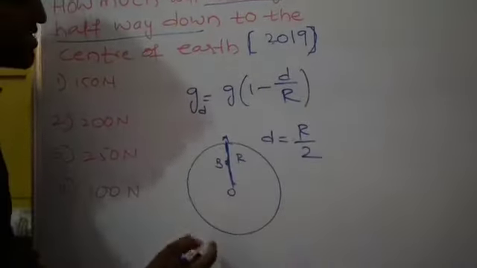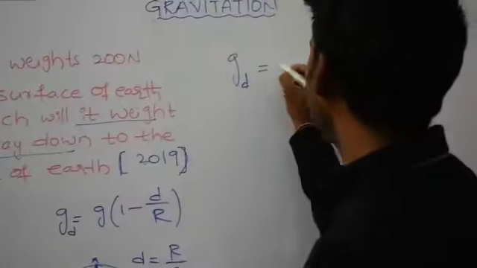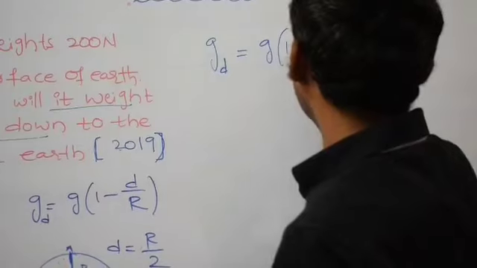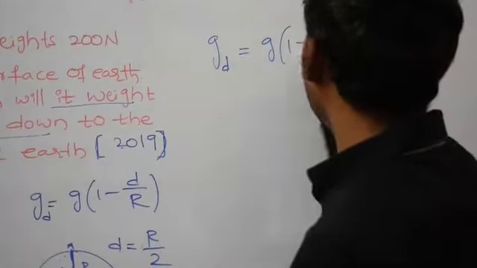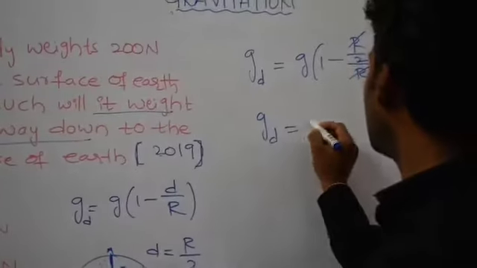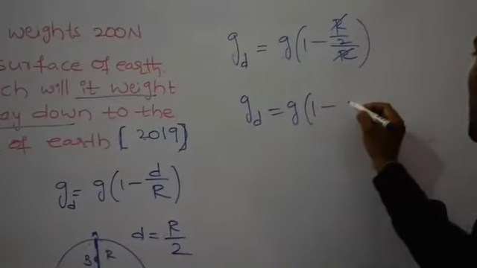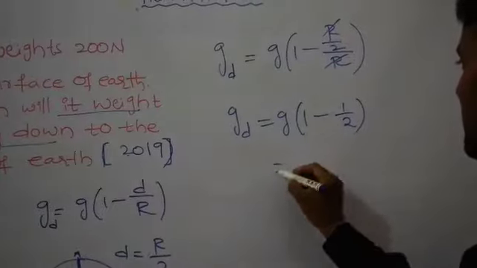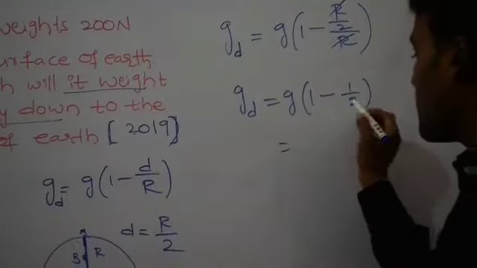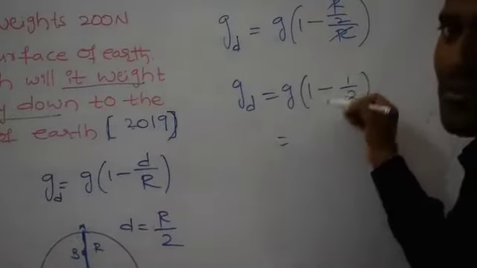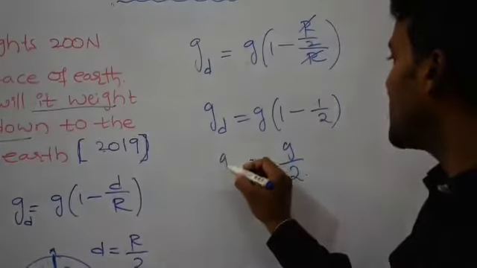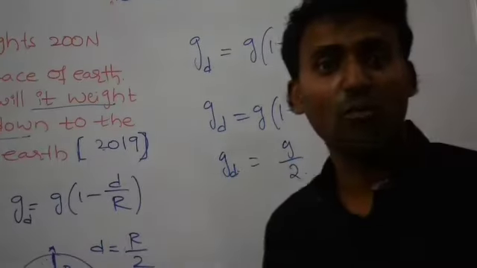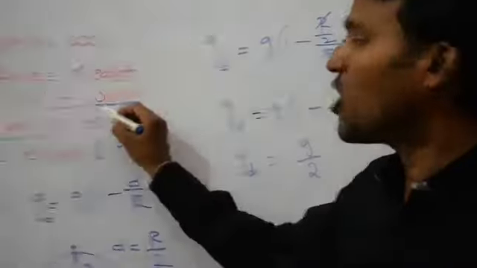Substitute in this equation: Gd is equal to G into 1 minus R by 2 whole divided by R. R will get cancelled. You can write Gd is equal to G into 1 minus 1 by 2. 1 minus 1 by 2 is 1 by 2 only. So Gd is equal to G by 2. But he is asking weight, not gravity.